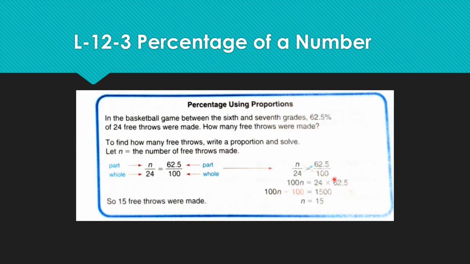Again, you know your aim is n alone, so divide both sides by 100. What is the answer? N is equal to 15. This method is called the proportion method.